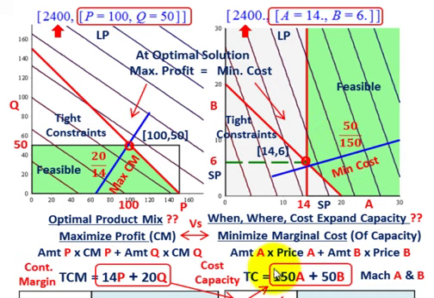Remember that we're minimizing these total costs, 150A plus 50B. That's the slope: we only go up 50B versus 150A. And over on this other side, we're going up 20 Qs for every 14 Ps, so it's sloped up a little differently. Okay, so again, this blue line is our minimum cost line.